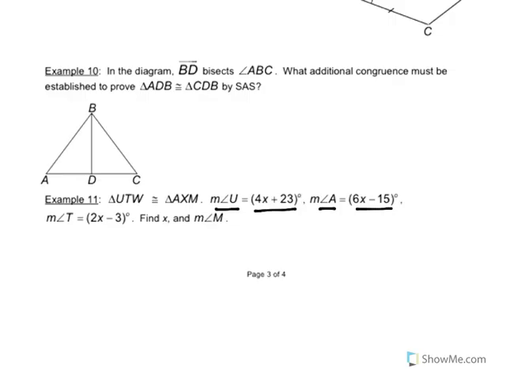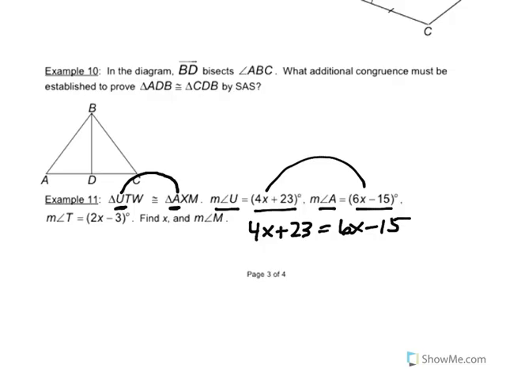Now let's look at our letters here. U is in the same position as A, and so what do we know about those two angles? If these two triangles are congruent, then the two that are in the same position are congruent as well. So we can solve this by setting these two equal to each other. 4x plus 23 equals 6x minus 15.